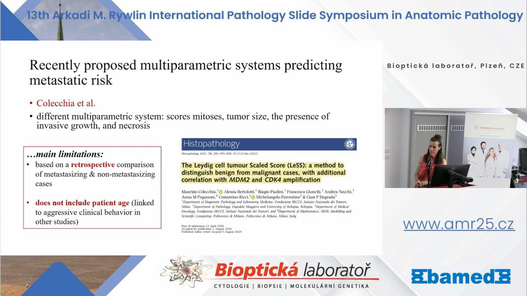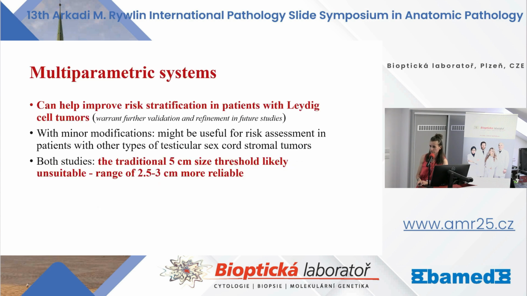The limitation of this system is that it was based on just a retrospective comparison of metastasizing and non-metastasizing cases, and also the fact that it does not include patient's age, which seems to be quite a significant aspect regarding the assessment of biological behavior.